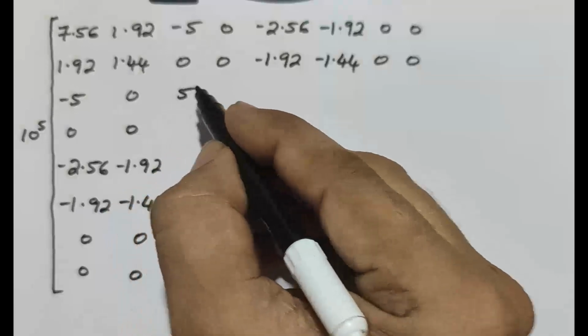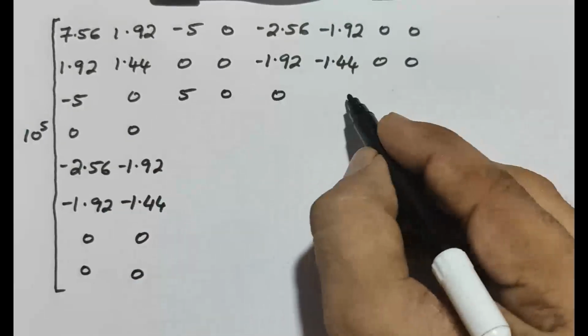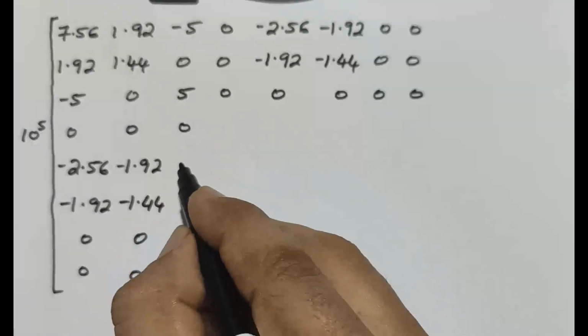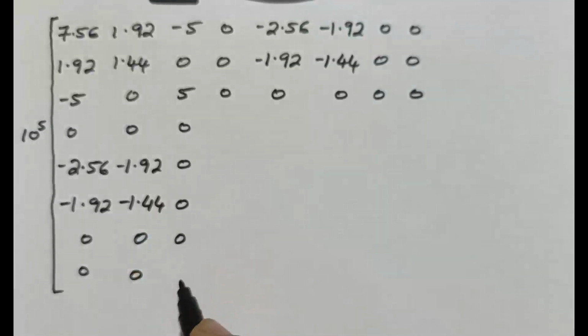It is 5, 0, 0, 0, 0, 0. Here also 0, 0, 0, 0, 0.